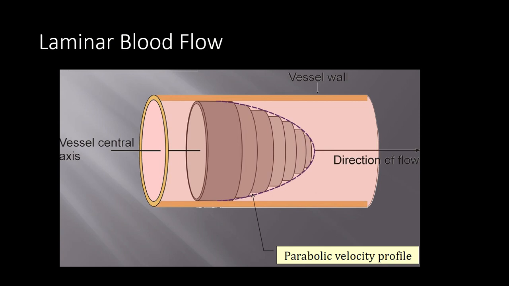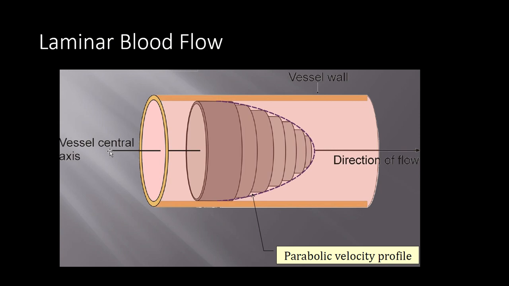And then we have a parabolic velocity profile of changing velocity per layer, where the layer closer to the stationary vessel wall, which is not moving, will travel slower than the layer that is closest toward the center.